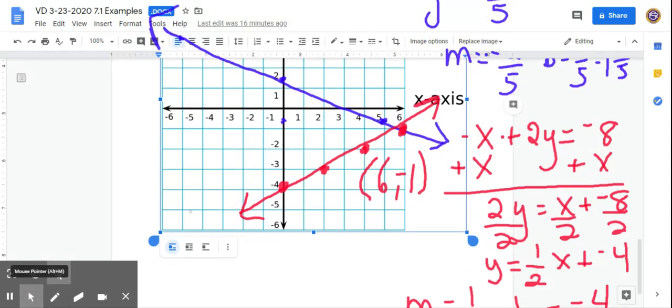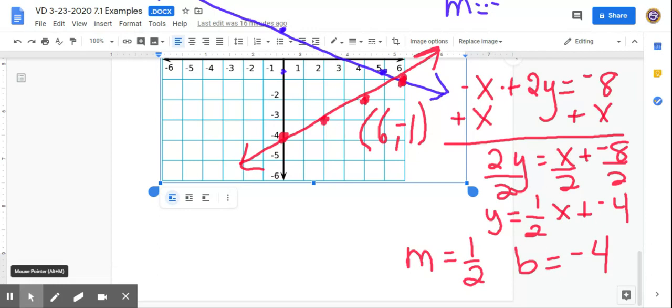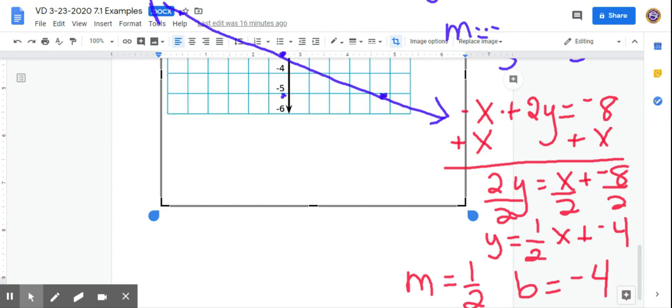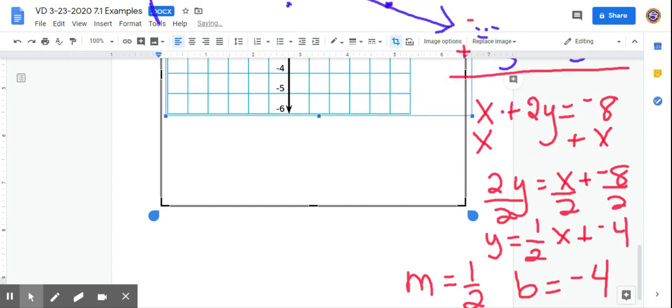And again, if you want to quickly check, you can. Put in your 6, -1. Whoops. What's happening there? Did I just goof up something here?